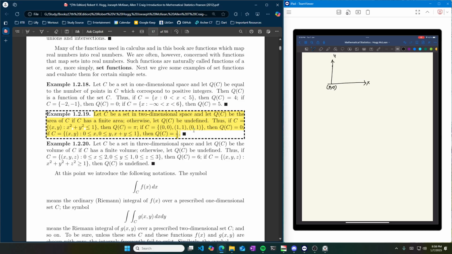So imagine this is 0, 1, and this is 1, 0. So a line like this. So you see we have an area now, which is somewhat this portion, right?